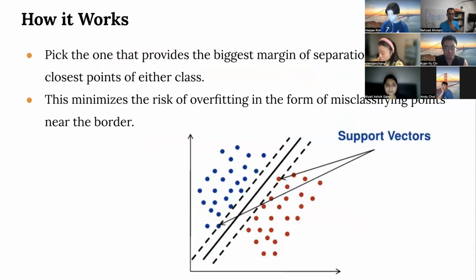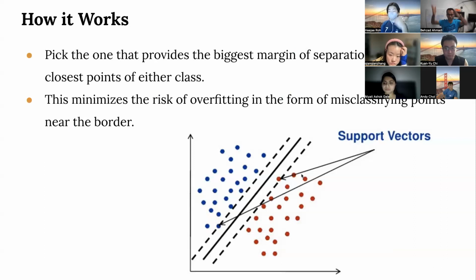So the two lines that are very close, or kind of, let's say, that touches the boundary, right? The dotted line that touches the closest red point to the blue points, and the dotted line that touches the closest blue points to the red points are called support vectors.